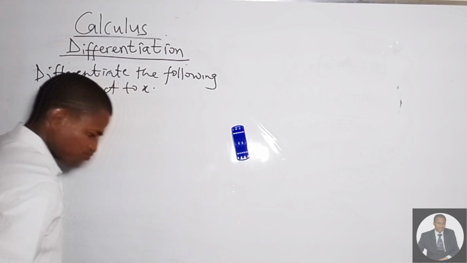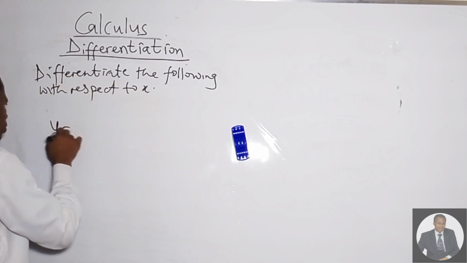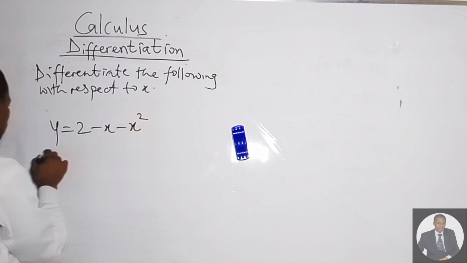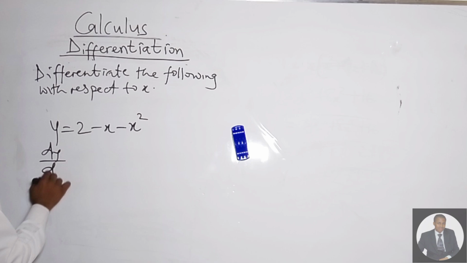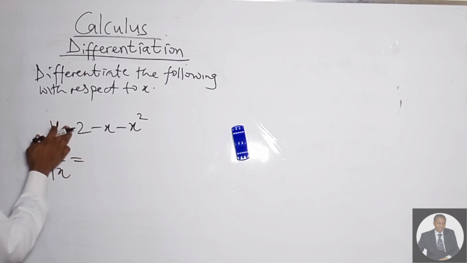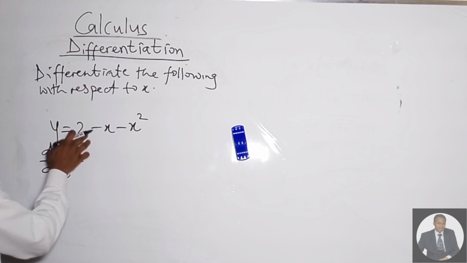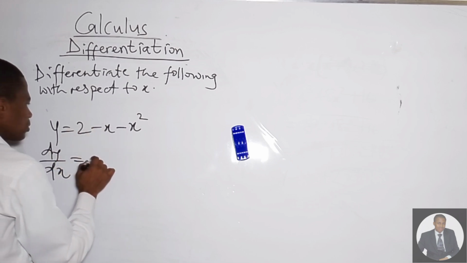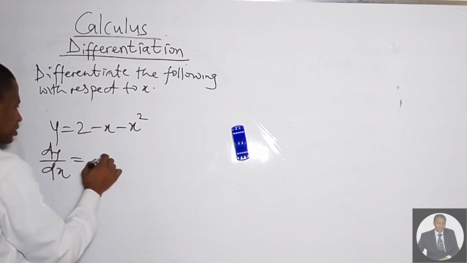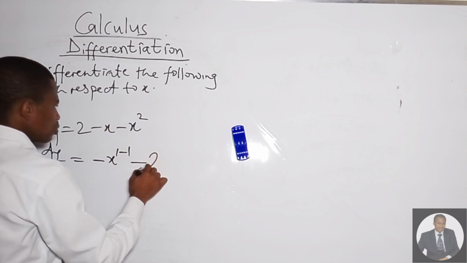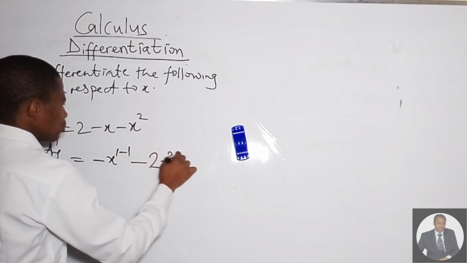Another question. y equals 2 minus x squared. So the dy/dx: the differential coefficient of a constant is 0, so this is 0. So it will be minus x to the power 1 minus 1, minus 2x to the power 2 minus 1.